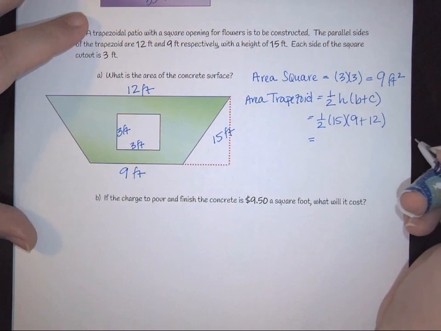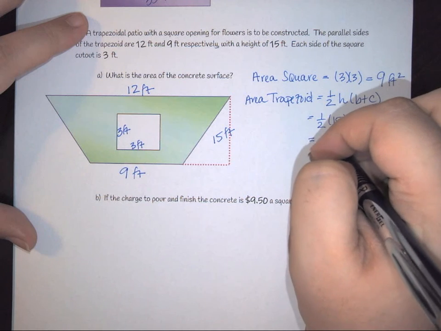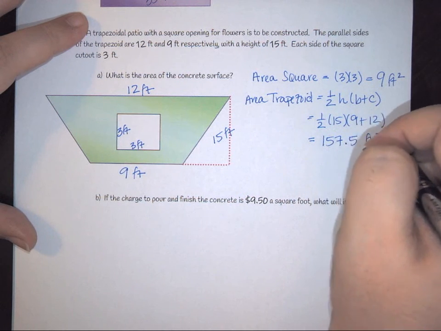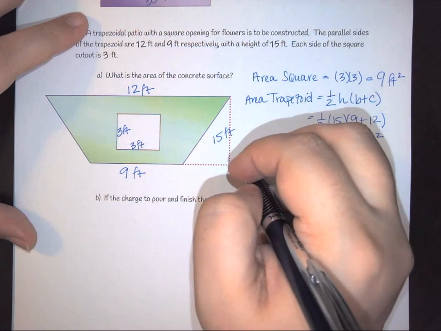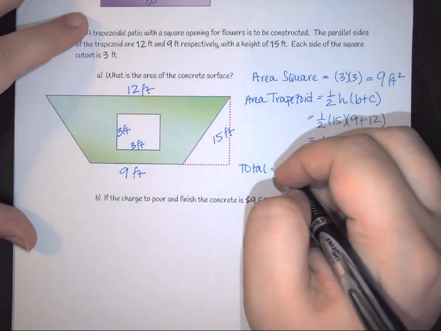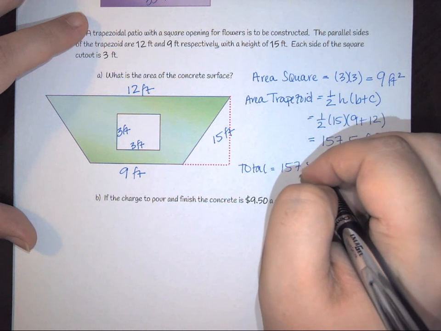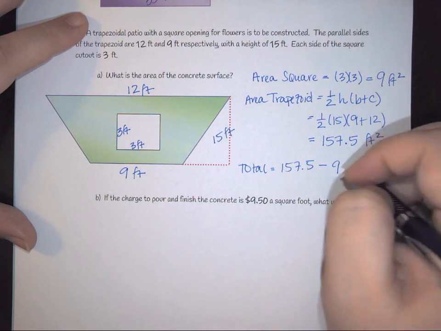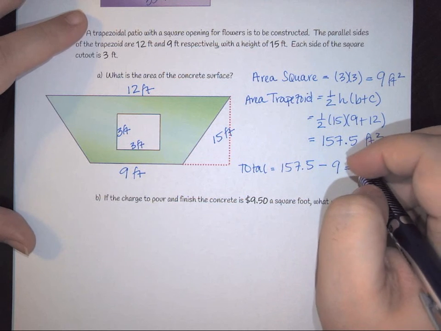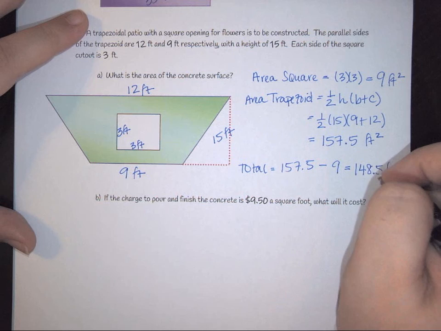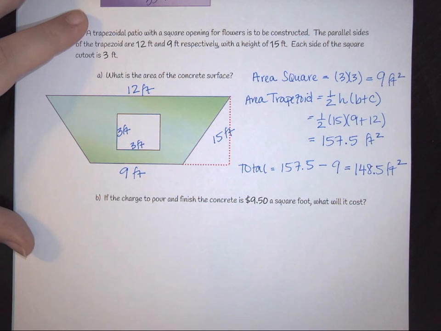So all told, we are going to end up with 157.5 feet squared. So your total is going to come from taking that 157.5, subtracting out the 9 feet for your flowers, which is going to leave behind 148.5 feet squared of concrete.